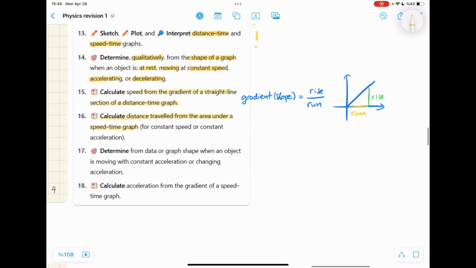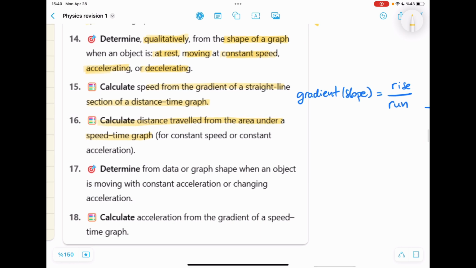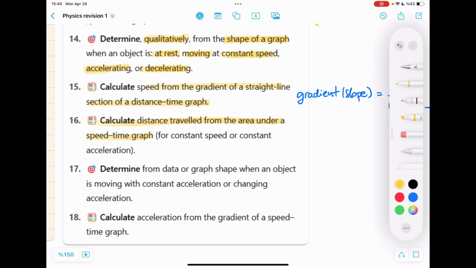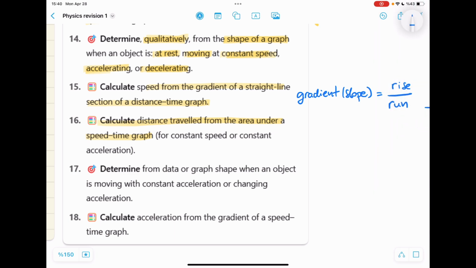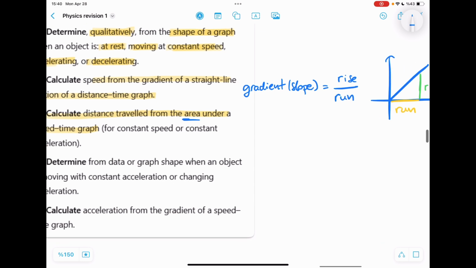And then we need to calculate the distance traveled from the area under a speed time graph. This will mean the following. Area under a graph is also very easy to calculate.